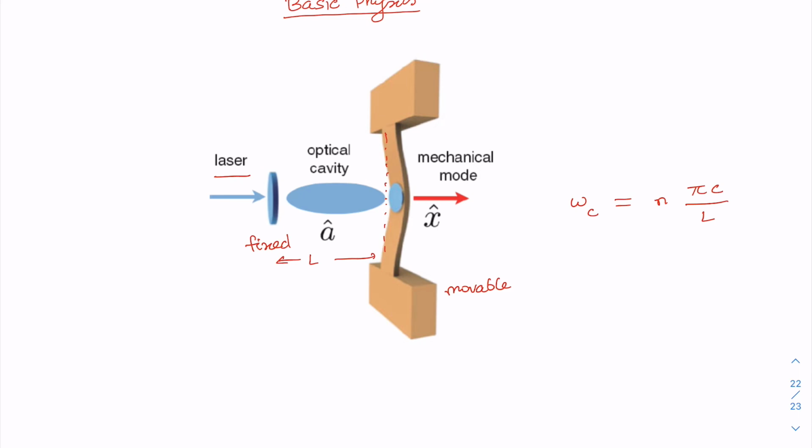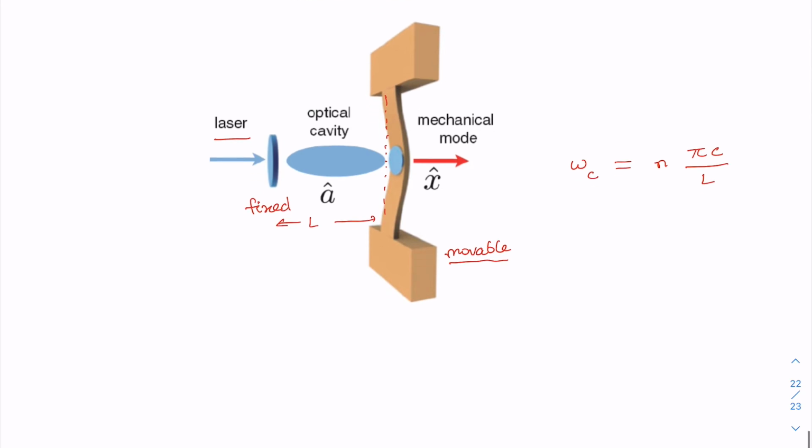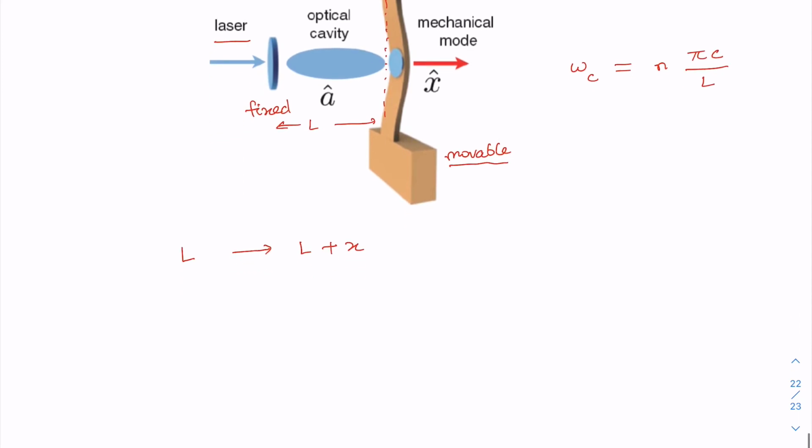However, because this right hand mirror is movable, the length changes from L to say L plus X, and accordingly the resonance condition also changes, and the resonance frequency would be n pi c by (L plus X).